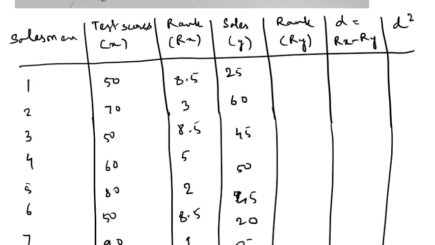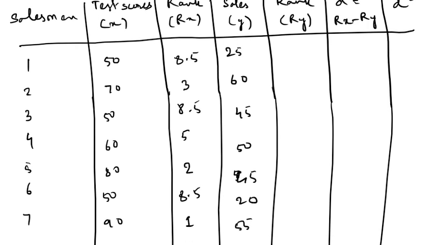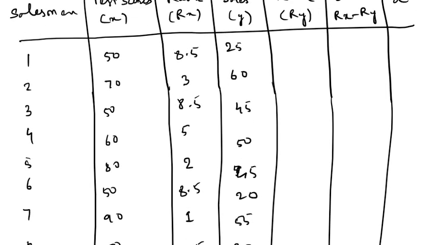Now for the sales. The first one is your 60, right? After 60, you have 55 on the 7th position. So this is second. Third, after 55, you have 50.